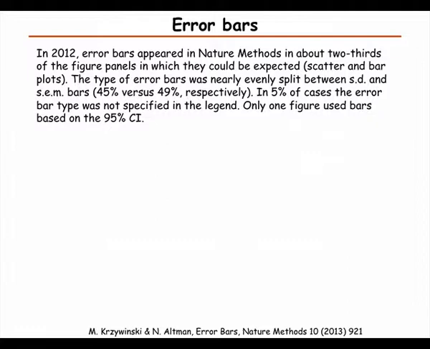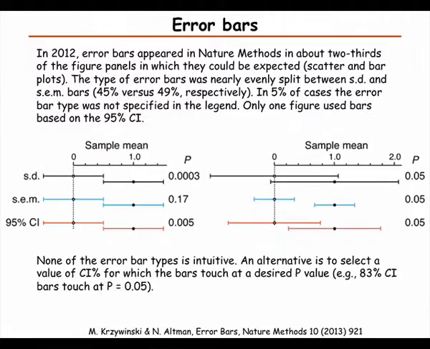The third possibility that people sometimes use is the 95% confidence interval, which is actually very common in medicine, but not in Nature Methods. This is also from this paper, and I recommend looking at it carefully.